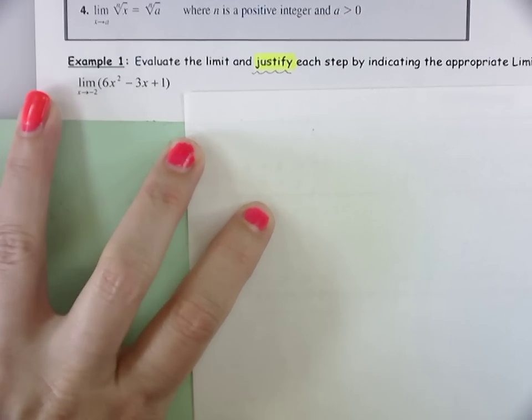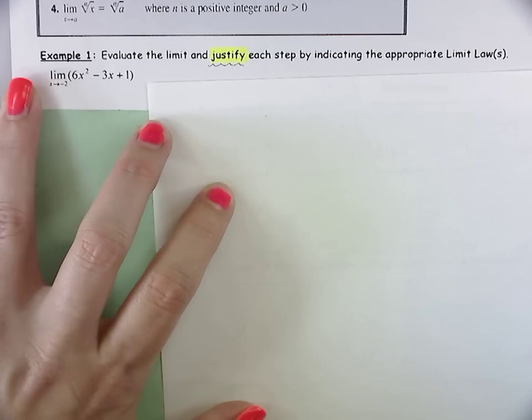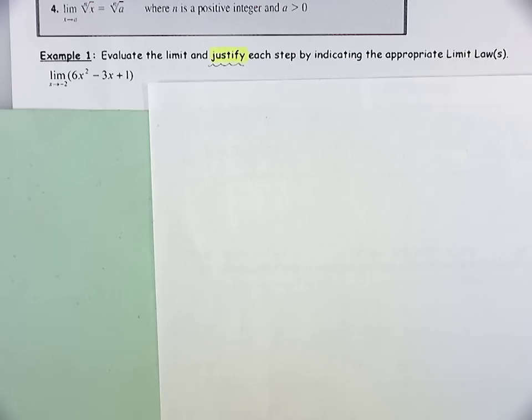So I'm going to give you a few seconds to think about the first way that you would separate this function using your limit laws. Okay, do you guys have any ideas?